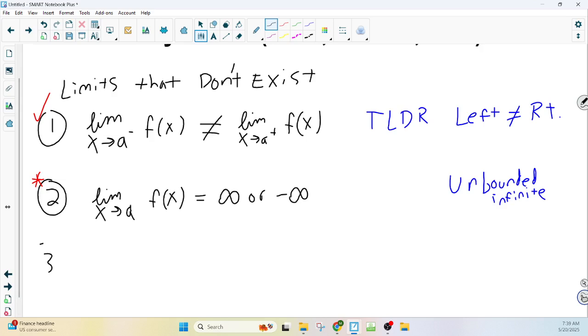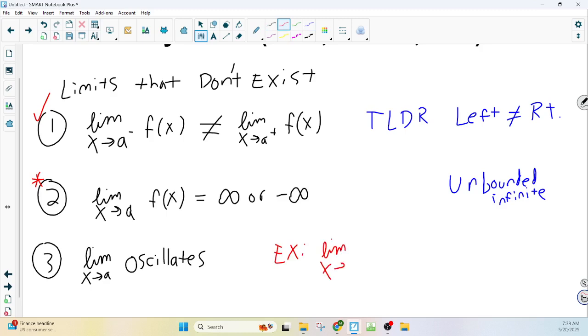The third one is the limit oscillates. So the limit as x approaches a oscillates. What does that mean? It means it wildly goes up and down. So here's an example. What would be the limit as x goes to infinity of sine of x? Think about this graph.